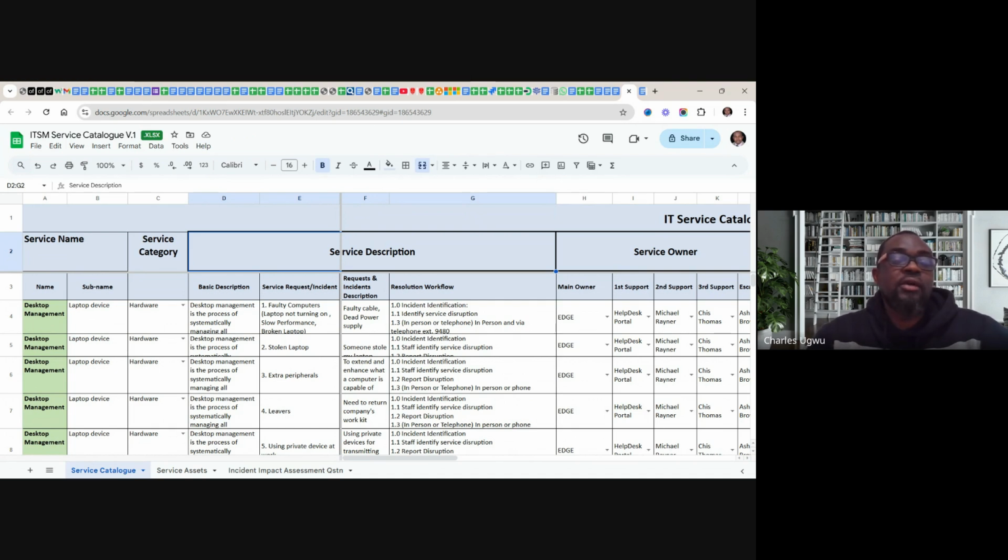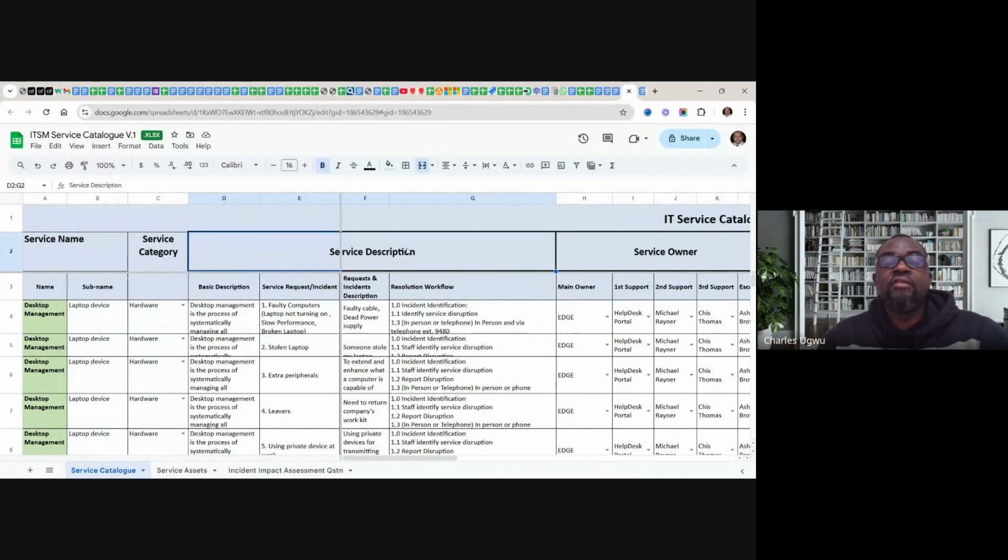It's not broken down. Here in this one, we have the service name, and you can even see that we have a sub-name. And we equally have the category of services.